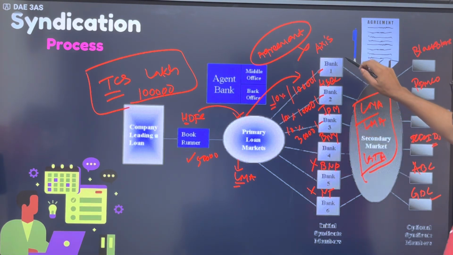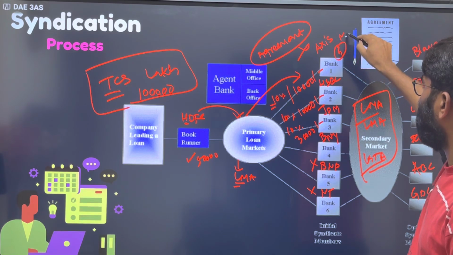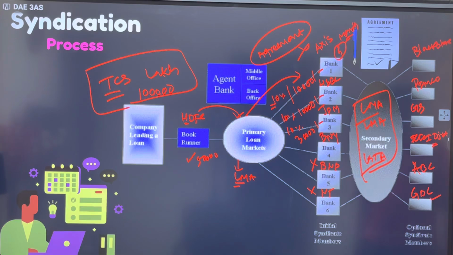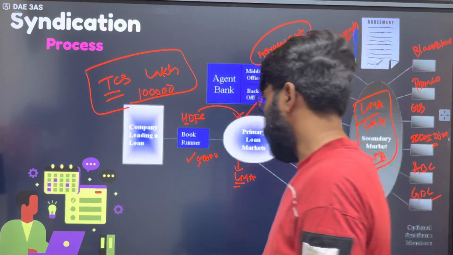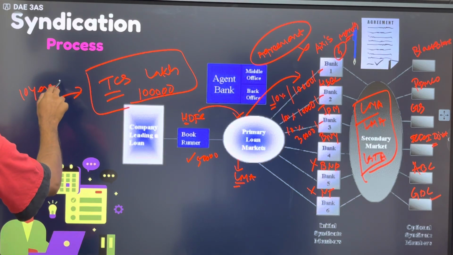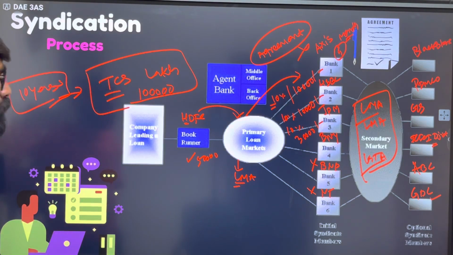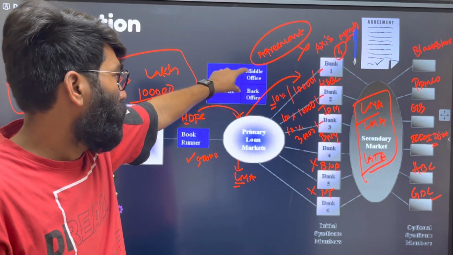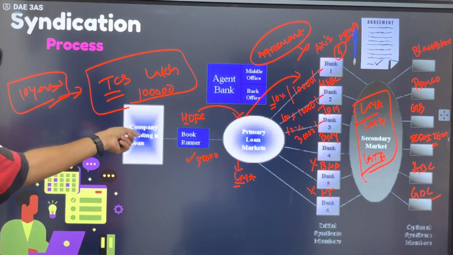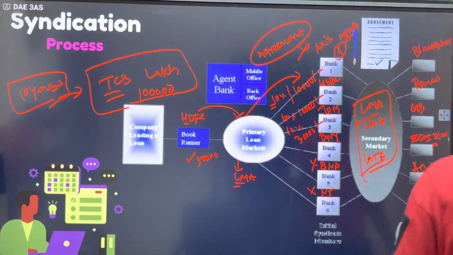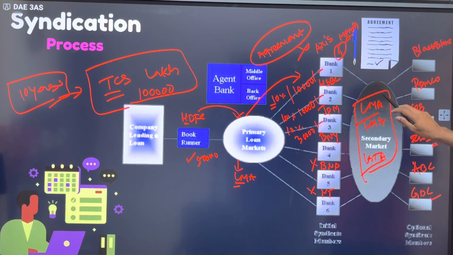Let's say after 3 months or 4 months, all these participants don't want to continue with this agreement, right? Let's say the main duration is 10 years, and now all these primary holders of the loans don't want to continue with this loan, but they cannot ask TCS to repay their loans, but they can participate in the LMA and LSTA market, and they can look for a buyer of the loan.